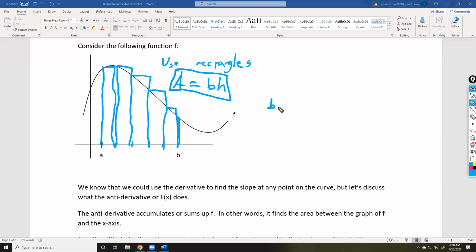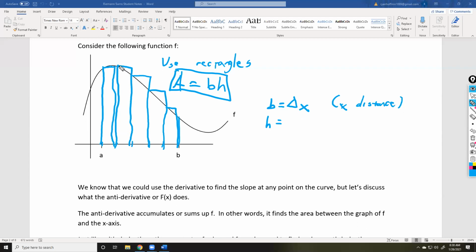So our base is our difference in the x-coordinate. That is our change in x, or delta x. Delta is used to say a change. And our height, the x distance here is for the base.